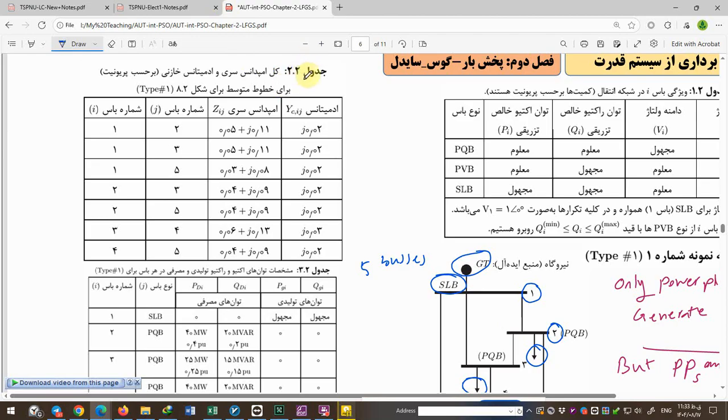This table is talking about transmission line specification.